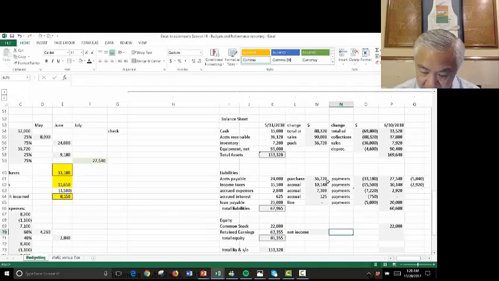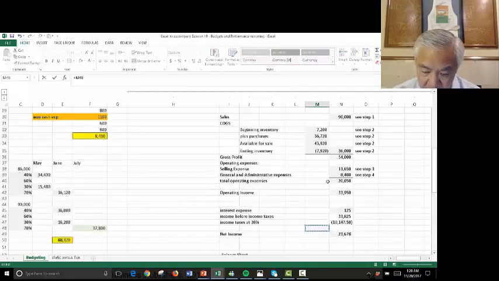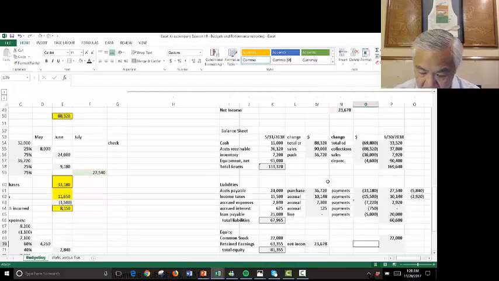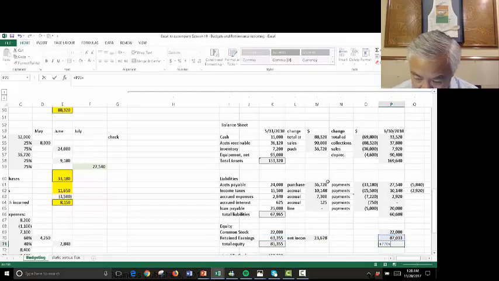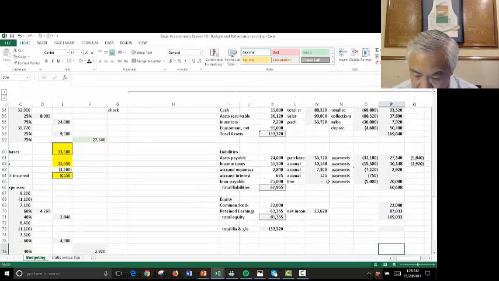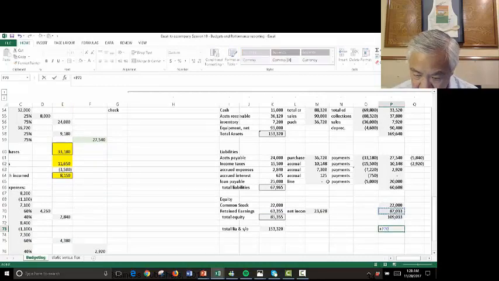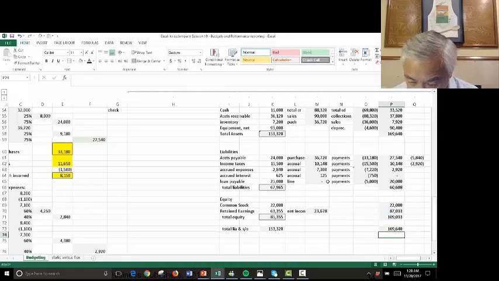Common stock, there were no changes. Net income, we did have net income. Right there. And no dividends paid. So balance and the total, 109. And if we add those together, equity plus liabilities, 169,540.